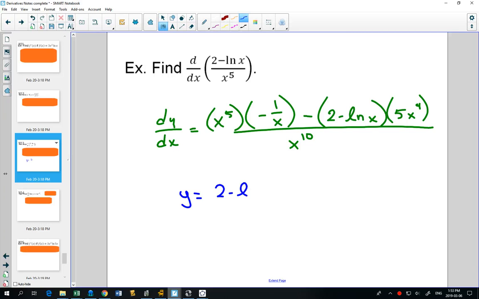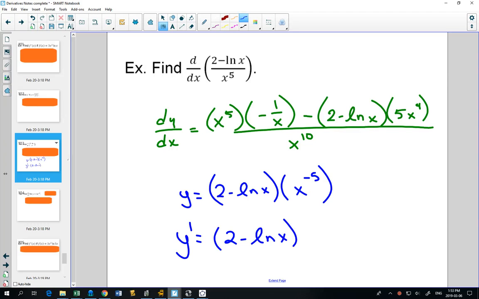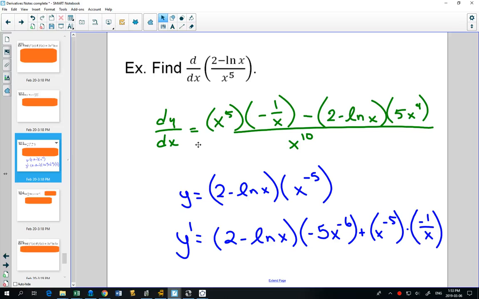If you had started off by writing it like this, you could have done the product rule as well. So again, you could choose the quotient rule or the product rule.